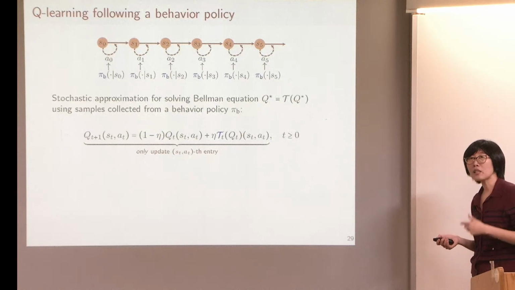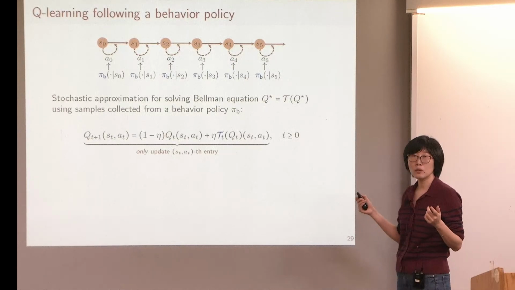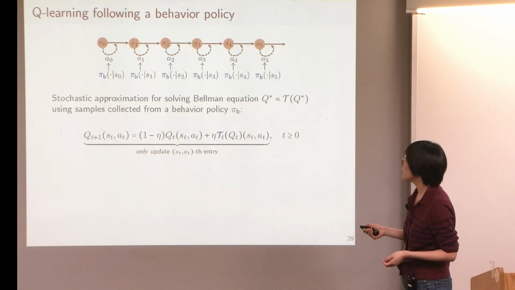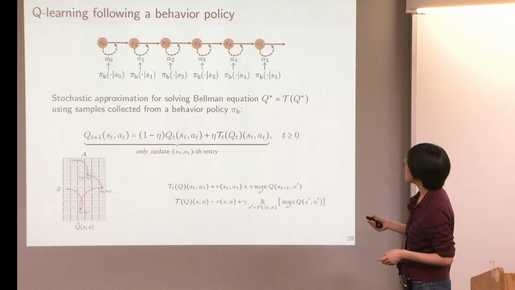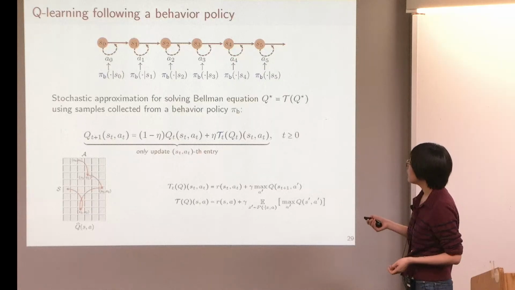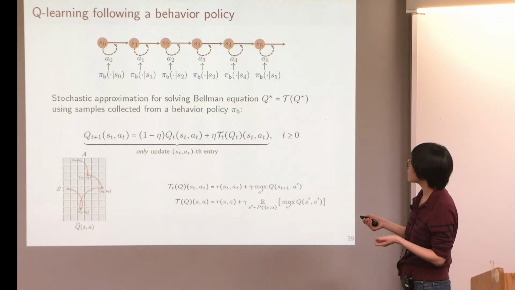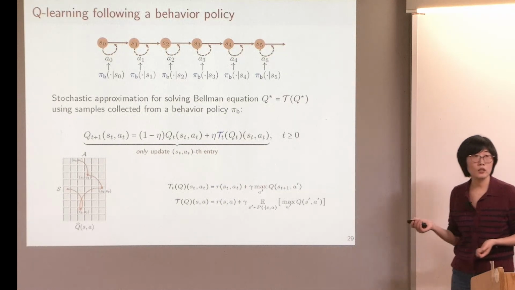But now at every instance, you only see one transition tuple. So you're only going to update one entry in your Q table for the Q function. And the update is very similar to before: you take a convex combination of the previous Q function in that entry with the sample version of it using the transition you see on the trajectory.